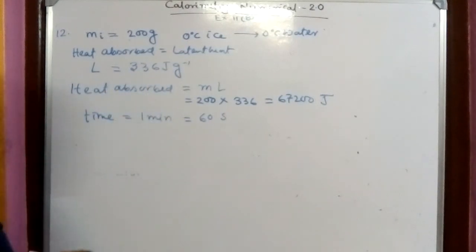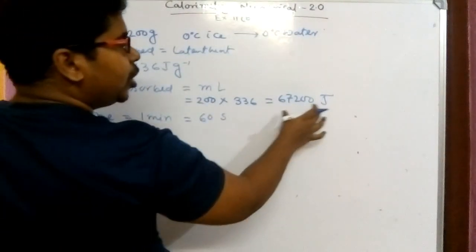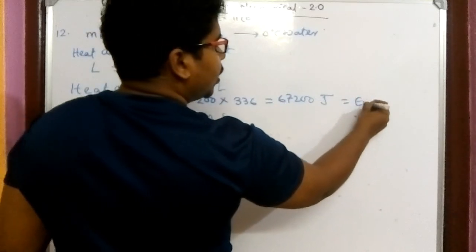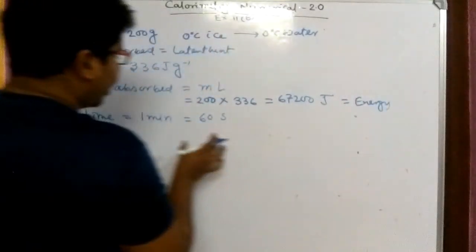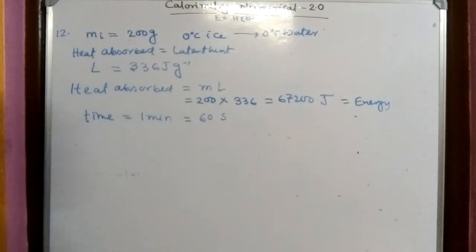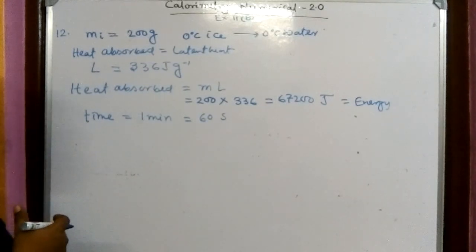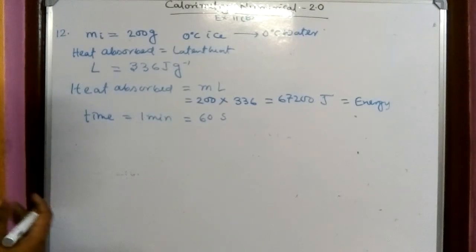Heat is a form of energy, so that much energy you have supplied in a time of 1 minute, that is in 60 seconds. Can we find the rate of flow of energy?